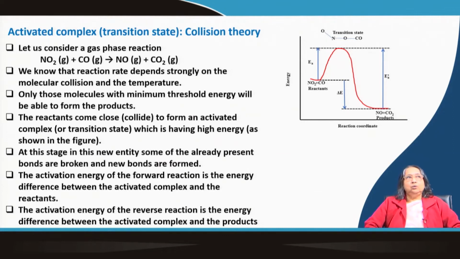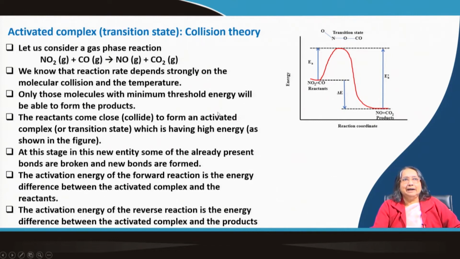Whenever two molecules react, it is necessary that they collide, but not all collisions will produce the reaction. Only those collisions with sufficient energy will cause the reaction. Only those molecules with minimum threshold energy will be able to form the products.